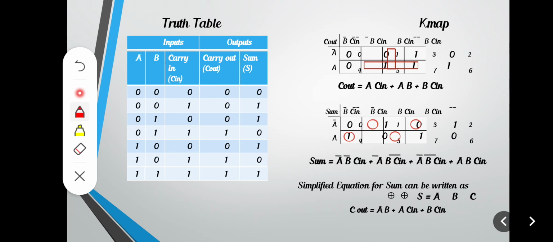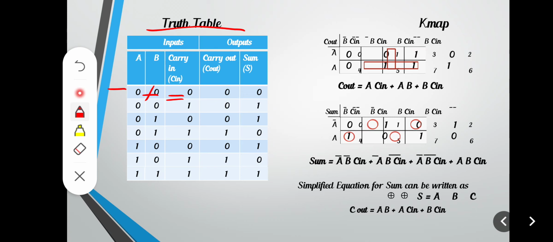For that, first let's see the truth table of this full adder. Here for the 3 inputs we have a total of 8 combinations, right? So in the first row, 0 plus 0 is equal to 0.